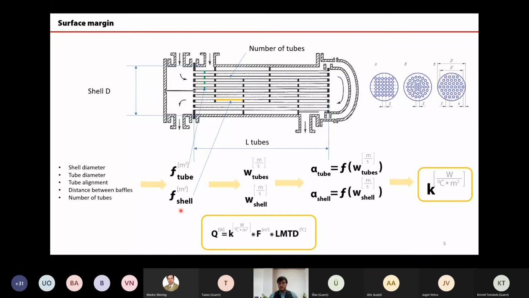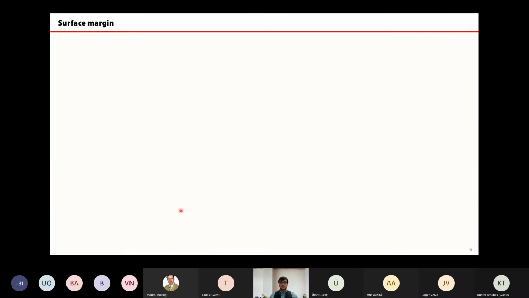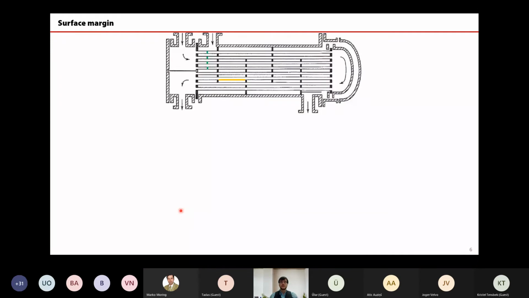If yes, he was in general taking this heat exchanger, but if not, then he had to take another type of heat exchanger.